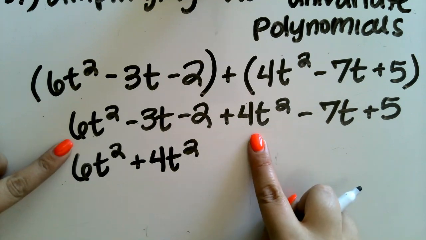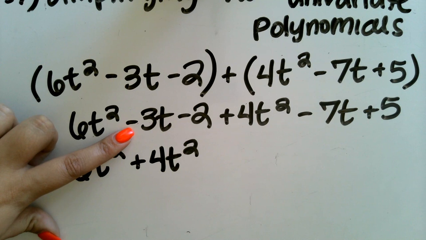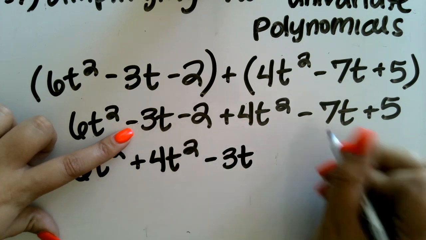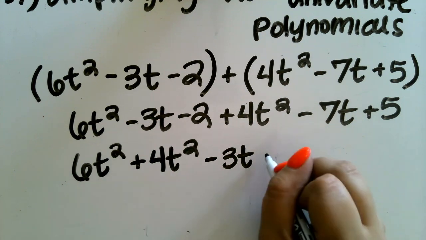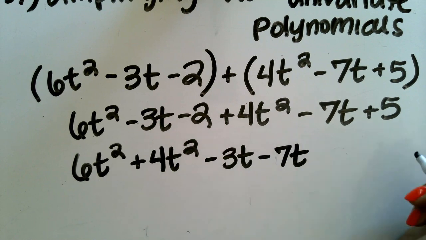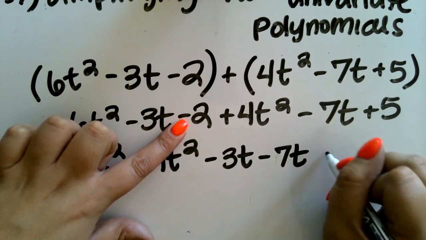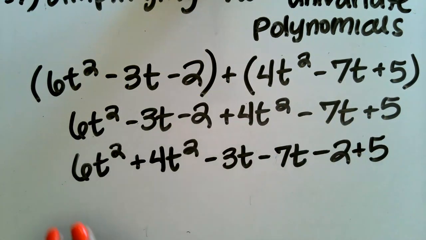We have no other terms with that squared in there, so I'm going to move on to the term with the variable to the first power. Minus 3t, and then I got another one over here. I need to make sure that I'm bringing over those signs: minus 7t, and then onto our final term with no variables in it, minus 2, and then a plus 5.